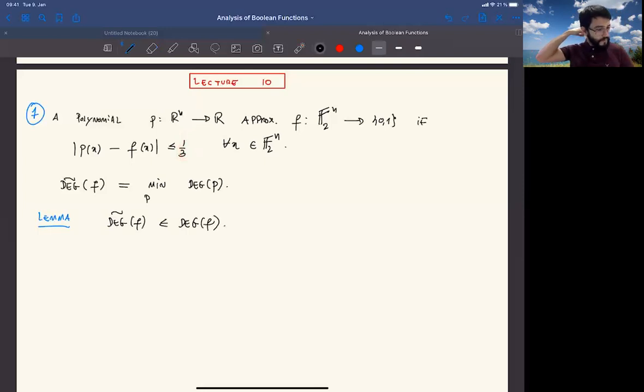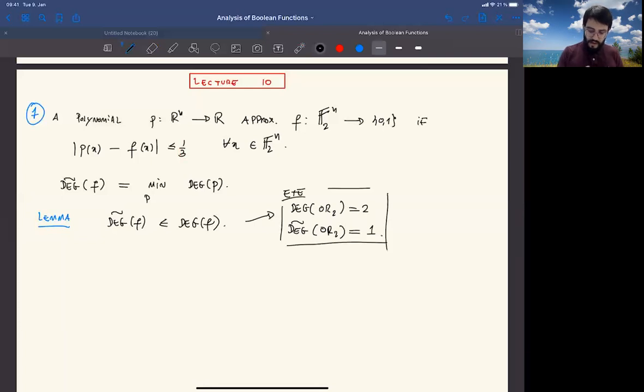As an exercise, the degree of the OR of just 2 variables is 2, but the approximate degree of OR of 2 variables is actually 1. So they can be strictly less. This is an exercise for you. You can do it in your head, actually.